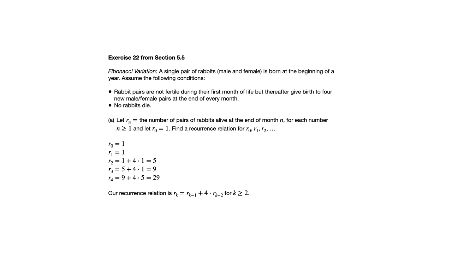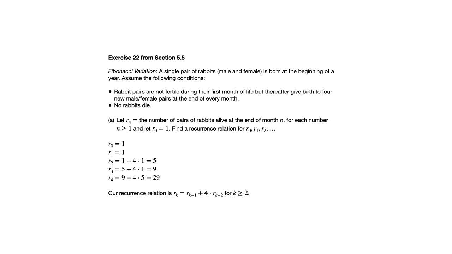And we know that none of the rabbits are dying, so they'll always carry on to the next month. And then 4 times the number of pairs that were alive 2 months prior, because that r sub k minus 2 represents the number of mature rabbit pairs. And so we have a number of offspring equal to 4 times that.